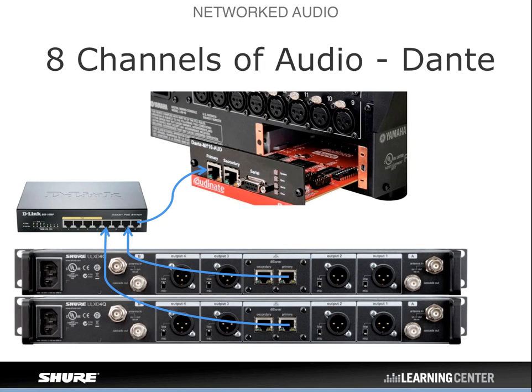Then all of your audio patching is done in software. You just have to get these devices on the network. Physically, it doesn't matter which port on the switch they're plugged into, or where in the building they're located. Once they're on the network, they become available for routing purposes.